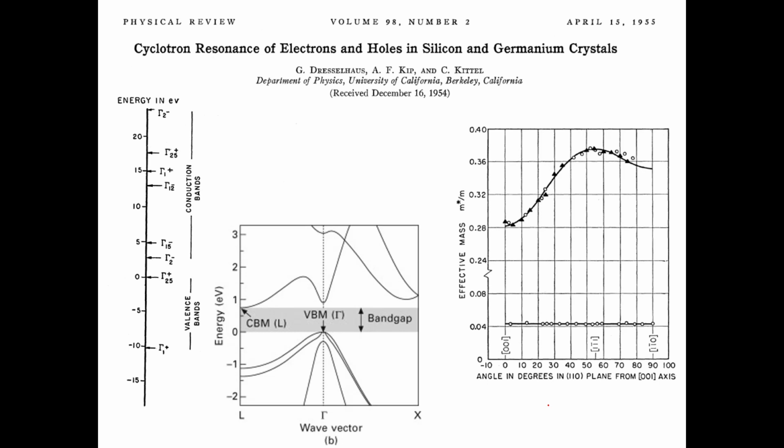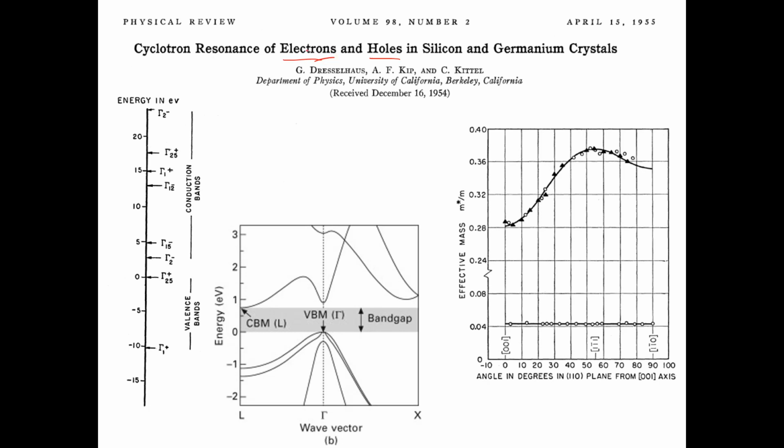And in this paper, Dresselhaus, Kip, and Charles Kittel determined both the band structure near the top of the valence band, which is what they call here the mass of holes, and for electrons they refer to the bottom of the conduction band.